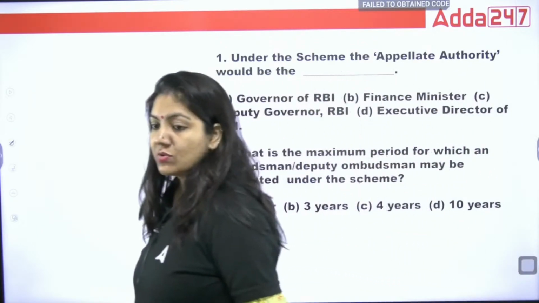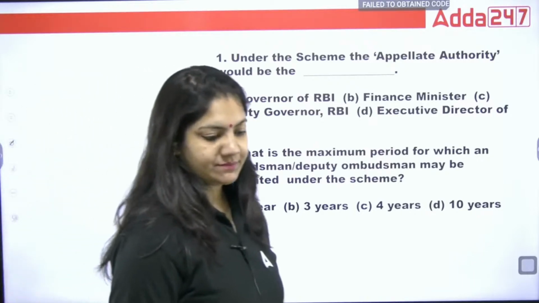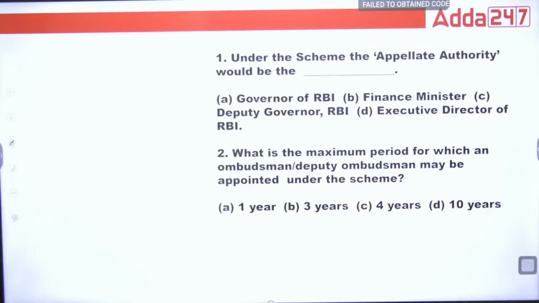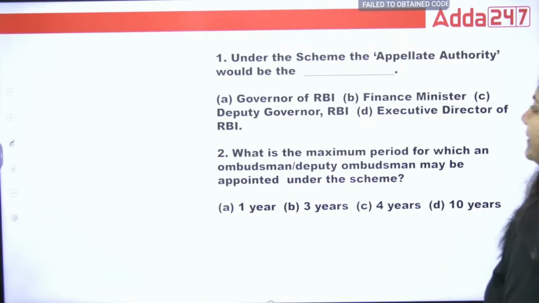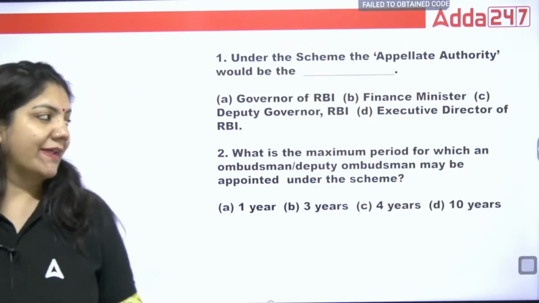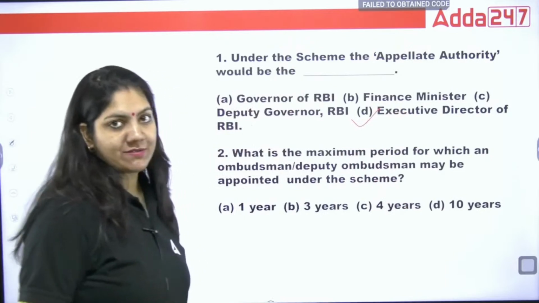Who is the appellant authority? So the right answer, appellant authority, that is an Executive Director. D is the right answer.